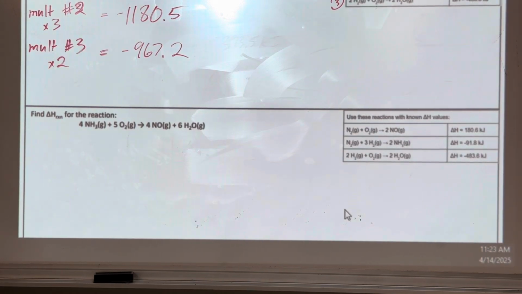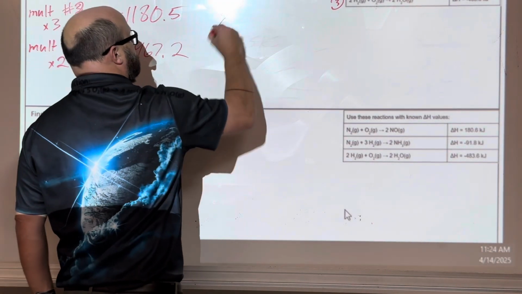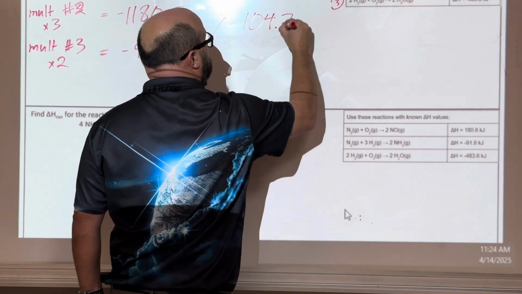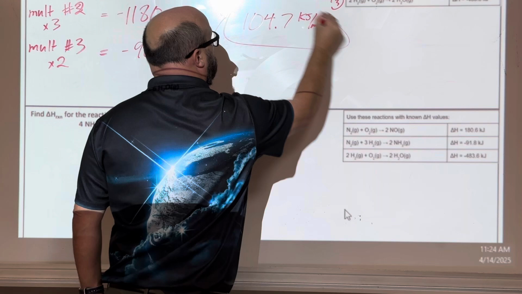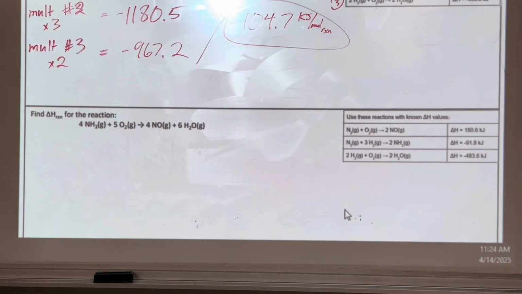So 2043, in this case, plus negative 1180.5, plus, again, a negative 967.2, and it gives us negative 104.7 kilojoules per mole of the reaction.